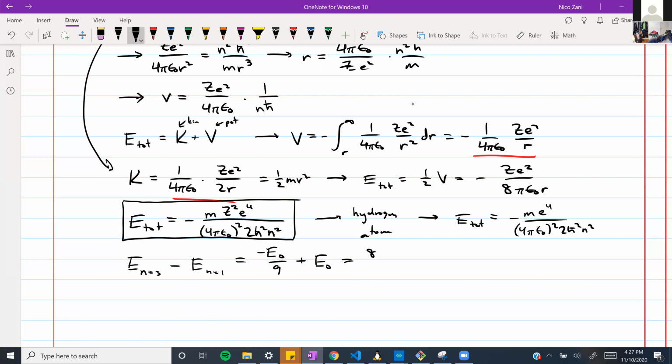And this is going to be 8/9 of E naught, where E naught is equal to m e to the fourth over 4 pi epsilon naught squared times 2 h bar squared. Hopefully my handwriting is at least slightly legible. Again, this should all be very straightforward stuff. Yep, and that is technically, this should be 13.6 electron volts.